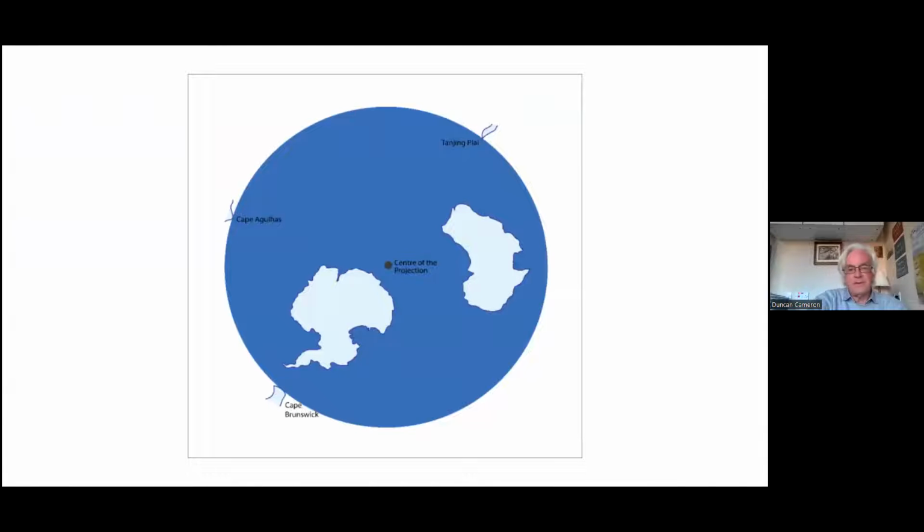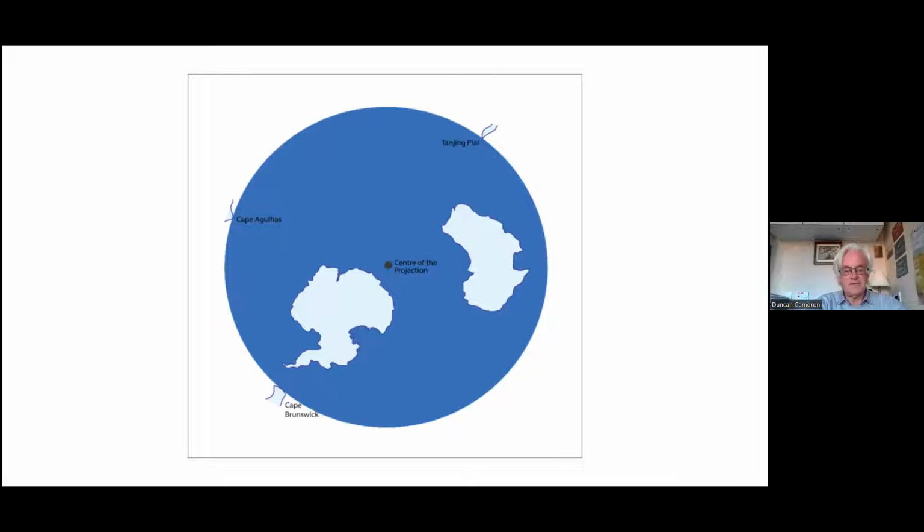Next picture. So what we've actually created. Now, at this point, I was working with Jennifer Johnson, who was a very gifted cartographer, and she was able to put together images which corresponded to this structure. So here we've got the three southernmost points, and then in the middle of it, we've got a point.